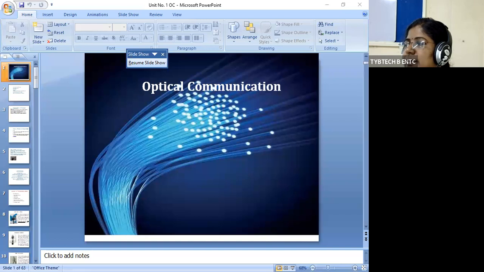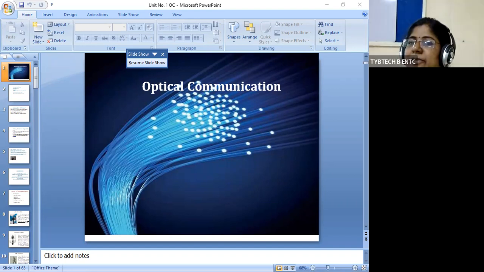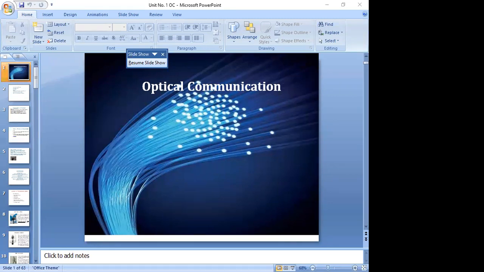Okay, note that point down in your homework. Ma'am, it is inversely proportional. Okay. Lambda is equal to V by F. Search for the relationship between frequency and wavelength and its formula.